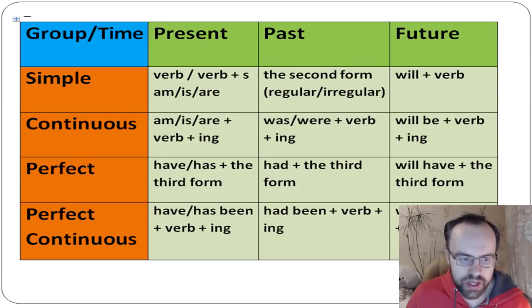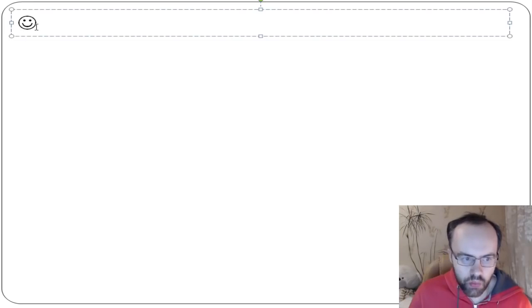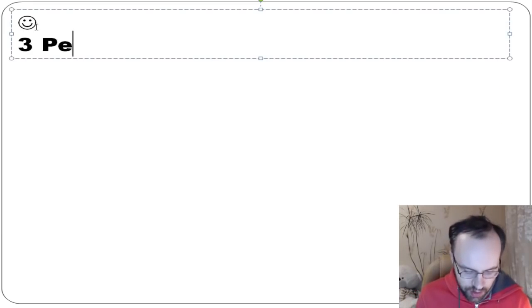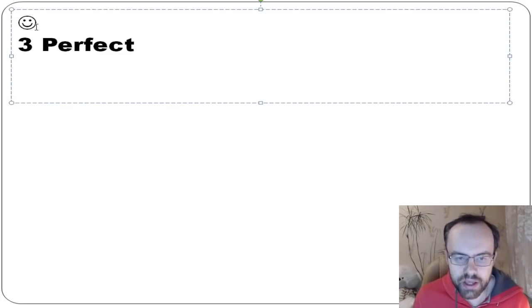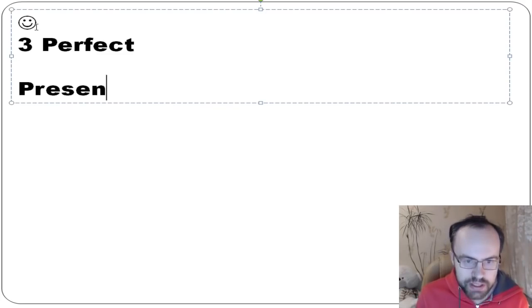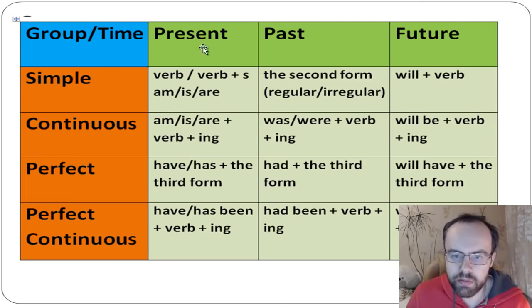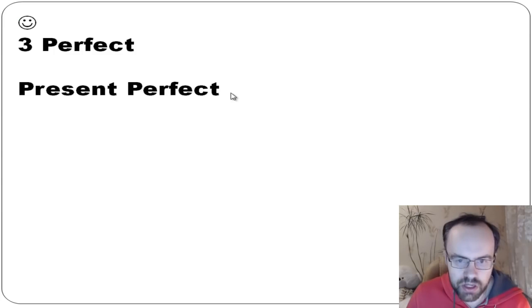Okay, let's look at the third group. We call this group perfect. And again, we see present perfect. So there are 3 times, present, past, and future, and perfect. Present perfect, past perfect, and future perfect.